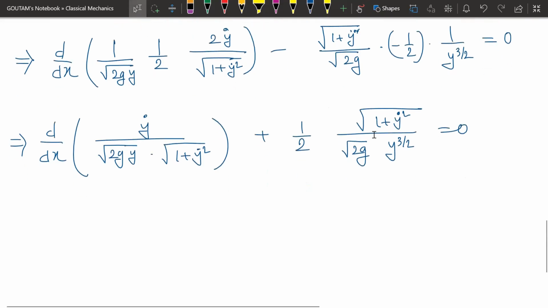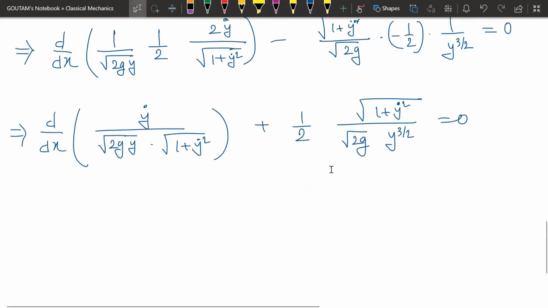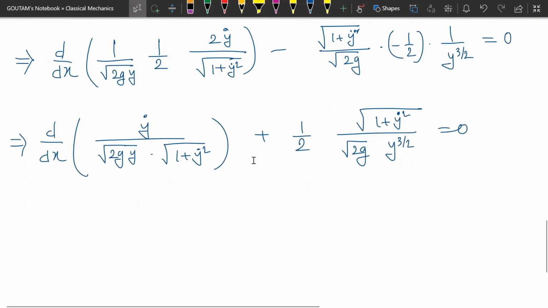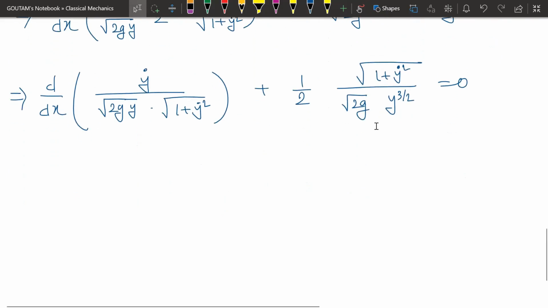Now root under 2g is a constant with no dependence on x, so we can take it outside, and multiplying both sides by root under 2g, the right hand side is 0.